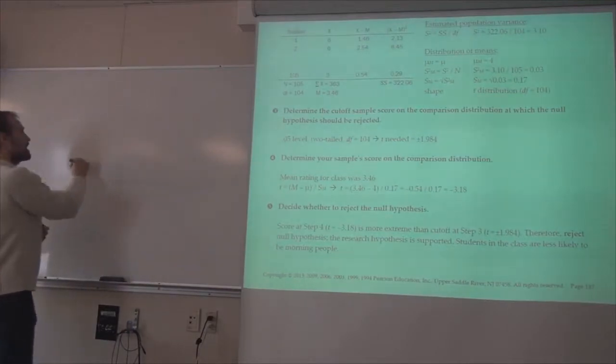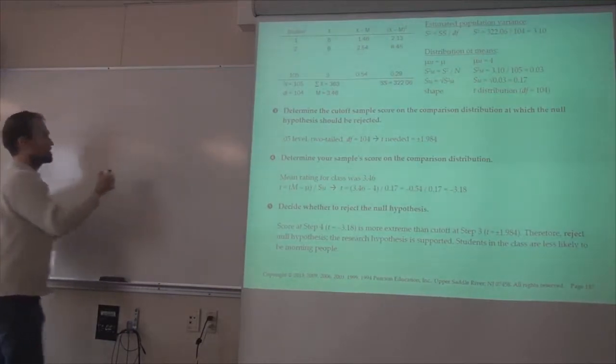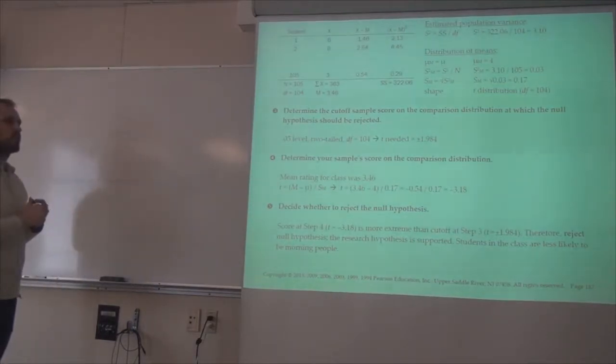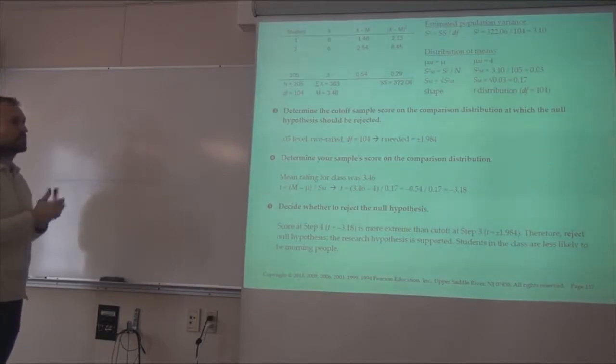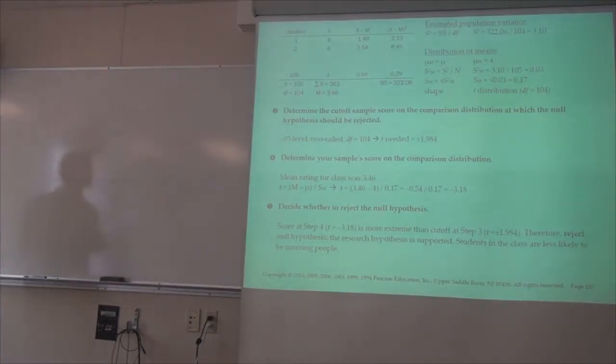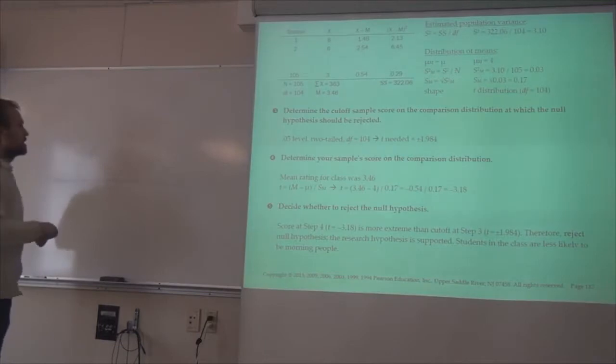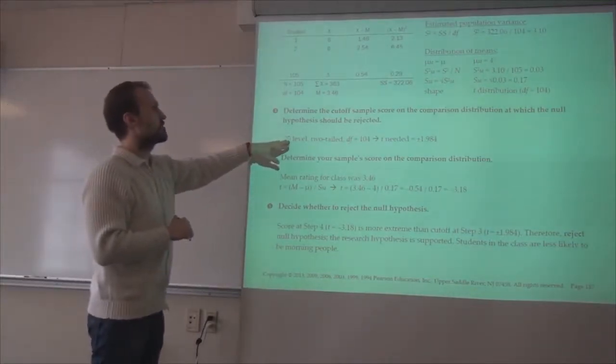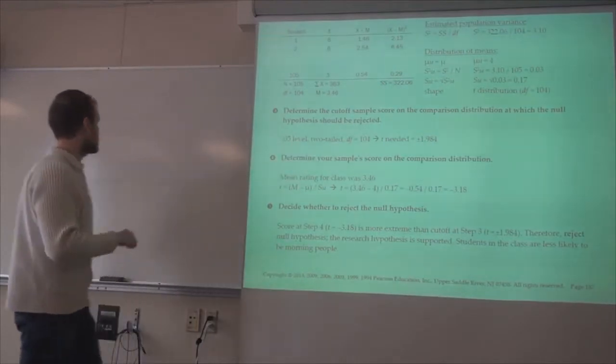I think to some degree how well I understand this, or how easy I find this bit, is confirmation of how well I understood the basic hypothesis testing procedure, because it's pretty much the same. So right now I want a 5% two-tailed test.